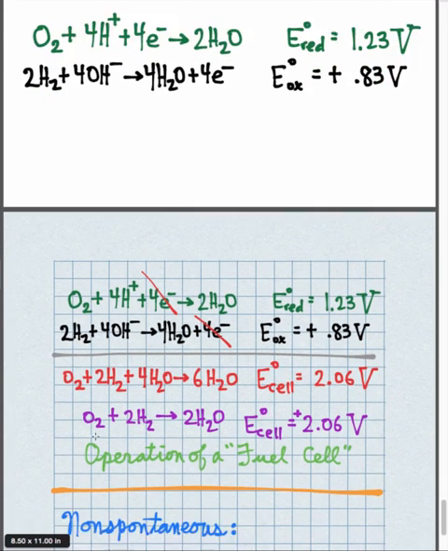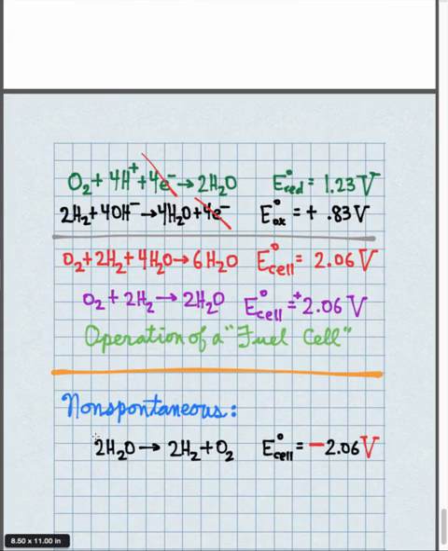So this is the fundamental operation of the fuel cell, where I could take the recombination of oxygen gas and hydrogen gas in a controlled way to harness that transfer of 4 electrons without exploding it in an explosion. I get a voltage of 2 volts, a little more than 2 volts. The non-spontaneous would be to take the water and go backwards into the 2 gases. That's not going to happen.